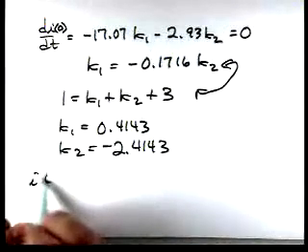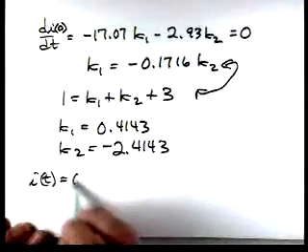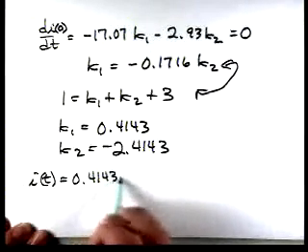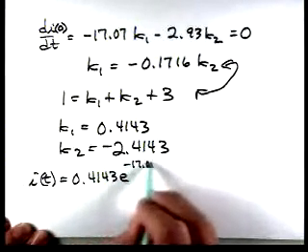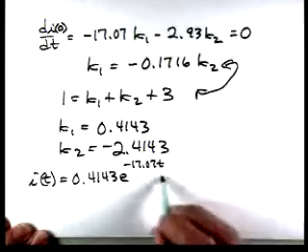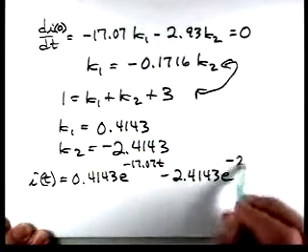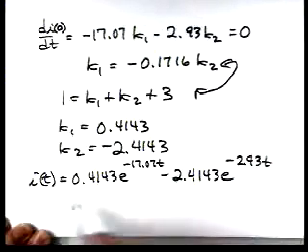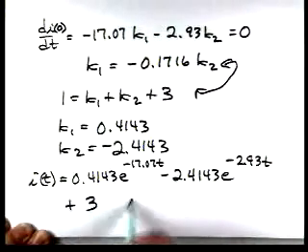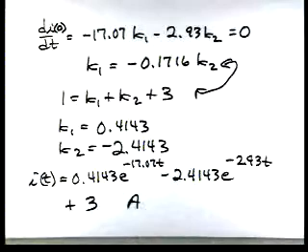So our solution is 0.4143 e^(-17.07t) minus 2.4143 e^(-2.93t) plus 3 amps. And I think if you check the initial condition, that's going to give you the initial condition of 1.